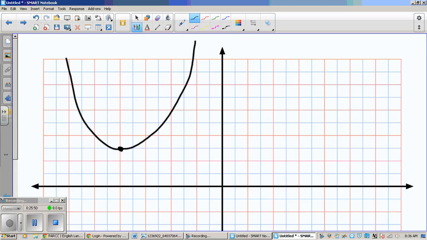Okay? Sometimes with a quadratic equation, you're going to have just one solution, and that's when it touches right here. One solution. That's when the vertex is on the x-axis. That's when that vertex is touching. This one, there's no solution.